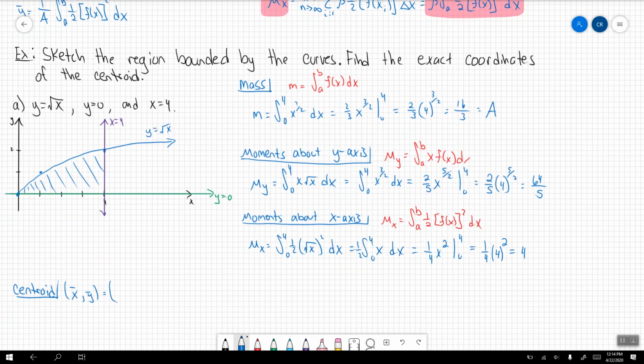That x bar is just going to be your M sub y divided by your m. And then your y bar is just going to be moments about the x-axis divided by m.